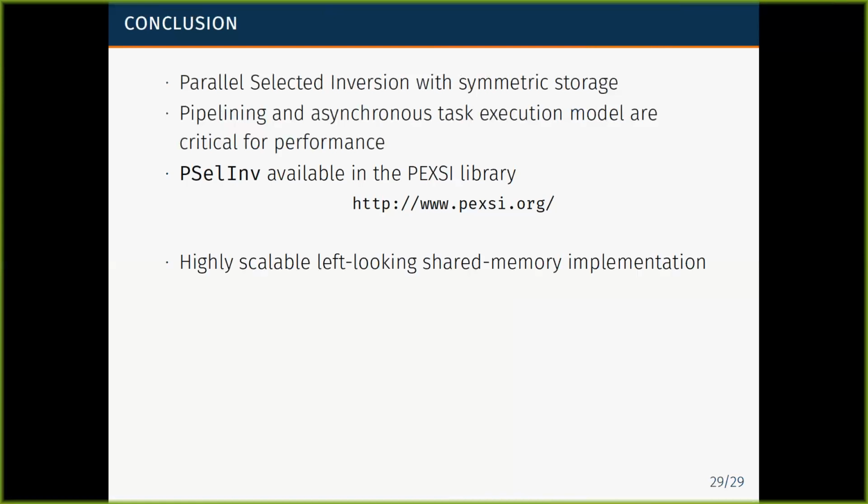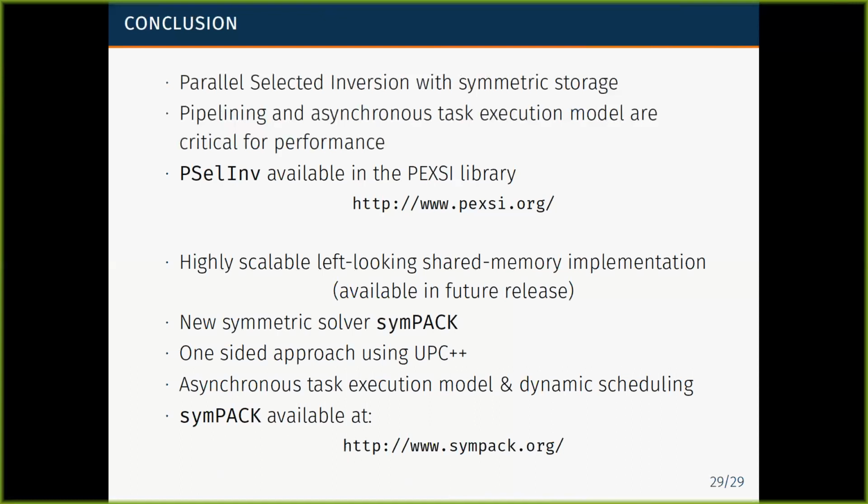We are looking at a scalable shared memory implementation of the selective inversion as a proxy for a future hybrid implementation. This will be available in a future release. And also, I invite you to try out this symPACK solver, which is going to be interfaced with PEXSI in the next release. Thank you all.